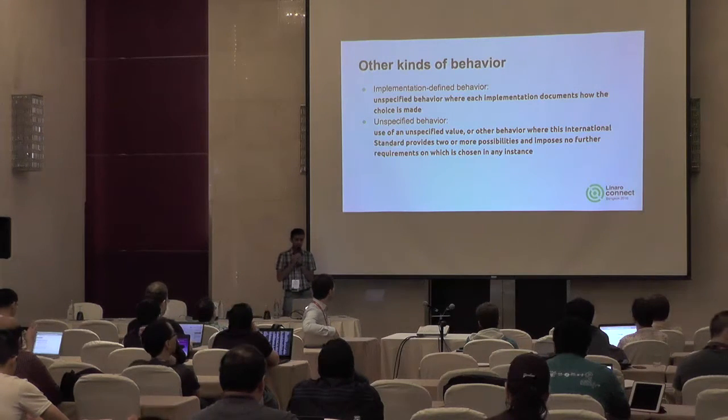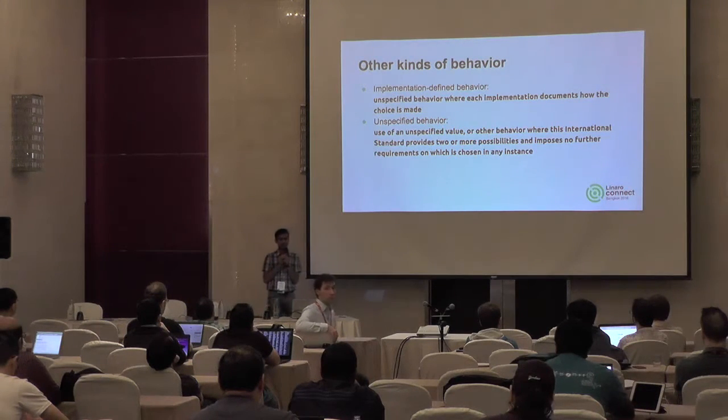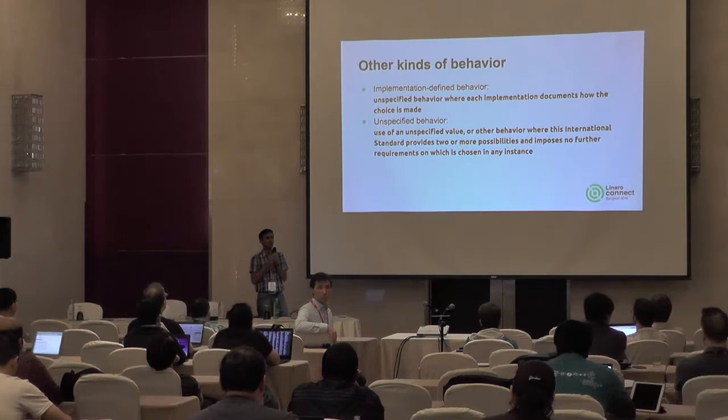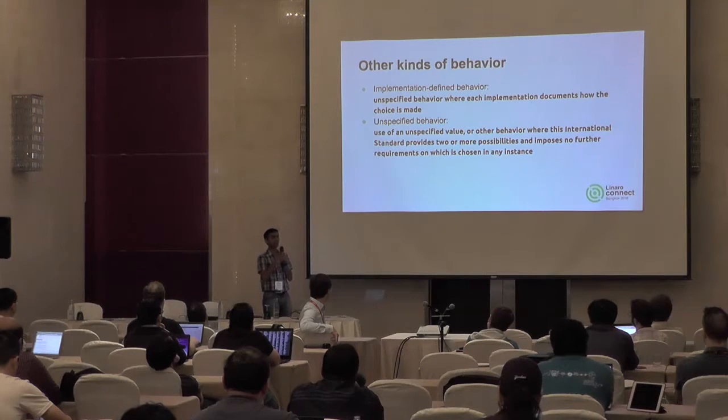Use of an unspecified value or other behavior where the international standard provides two or more possibilities and imposes no further requirements on which is chosen in any instance. A good example for this one again would be the order of evaluation of arguments in a function. Whether you do it from left to right or right to left is an unspecified behavior. A particular implementation of a compiler can choose anything between one of them and can document it.